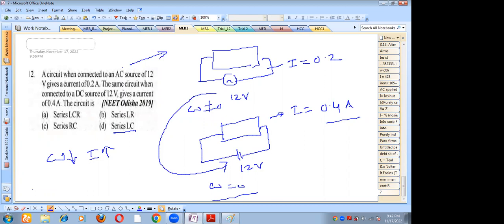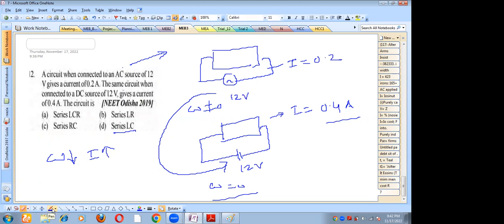We know that I naught is equal to V naught by Z. So first we will see the Z value.